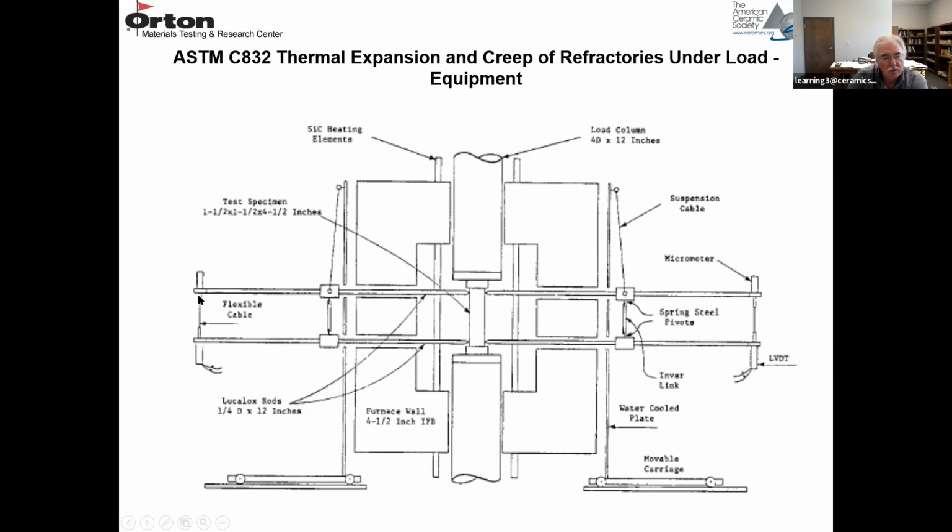So the spacing at the end of the levers, you can use that to determine how much the sample moves. That's actually a very good way of doing it. So here's your sample. You have levers in contact at both sides to get an average. And here's your load ram and your other load ram and then the containment furnace.